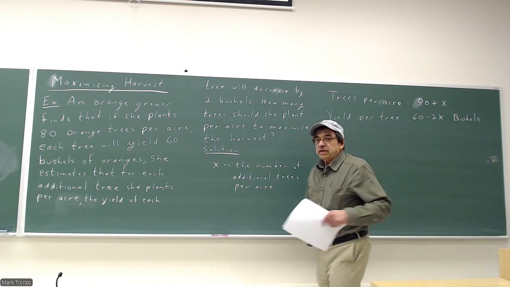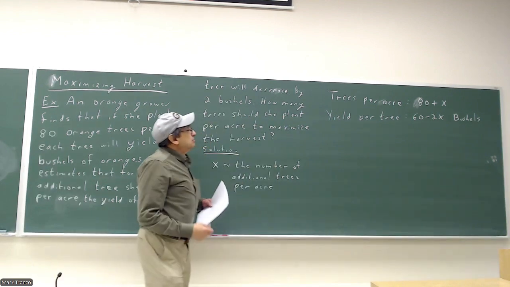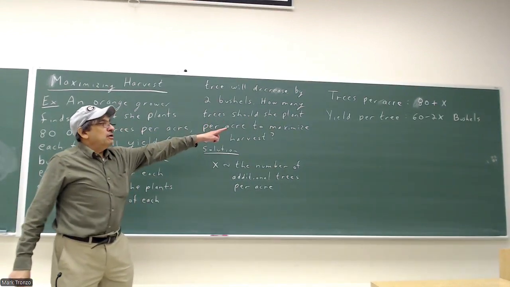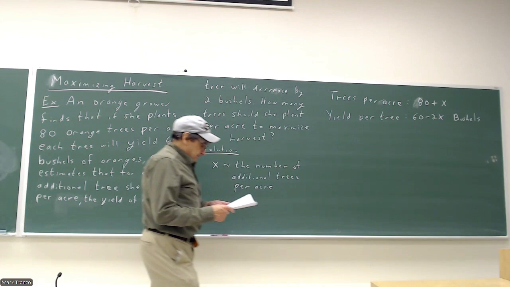So then the total yield per acre is simply the number of trees per acre times the yield per tree.